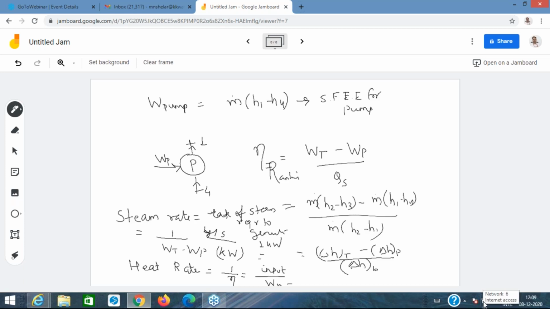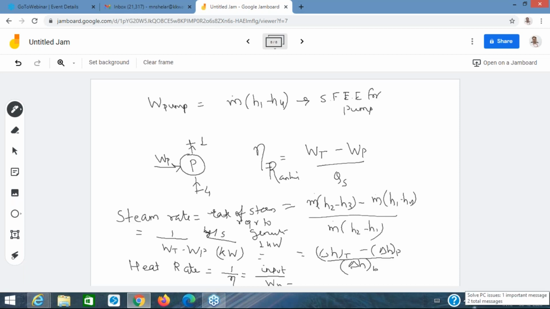Whenever you visit, you should be interested in getting the boiler pressure, the condenser pressure, the temperature of the steam generated by the boiler, and the pump work. With all this you can calculate the efficiency, and that efficiency would help you estimate how much coal the thermal power plant consumes every day, every hour or every second.